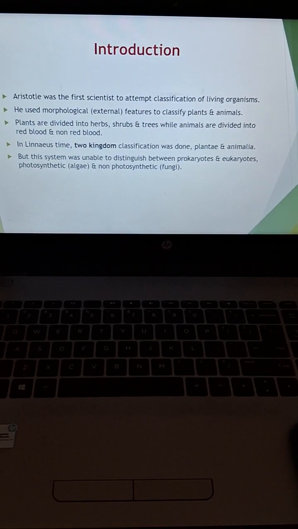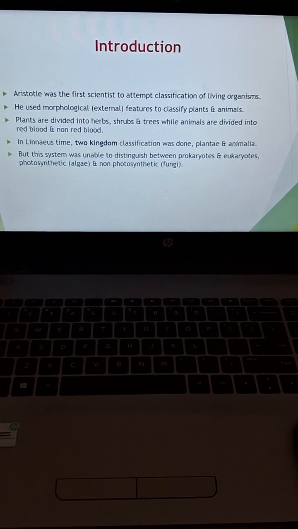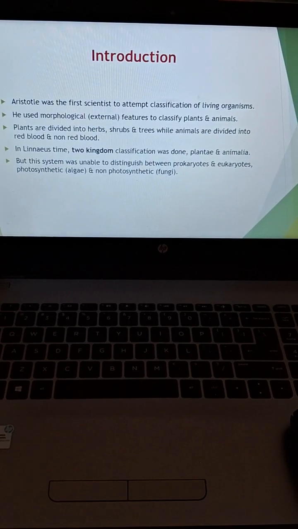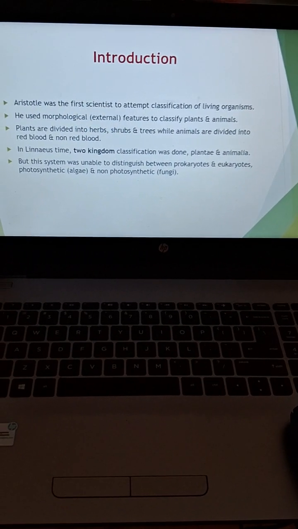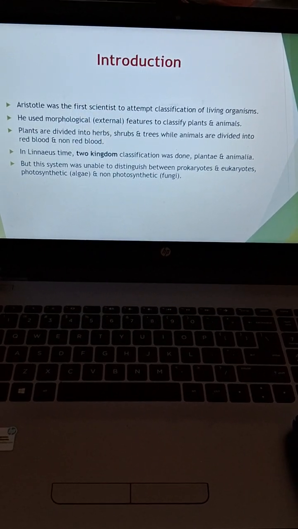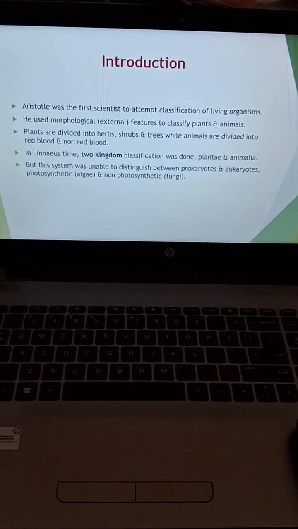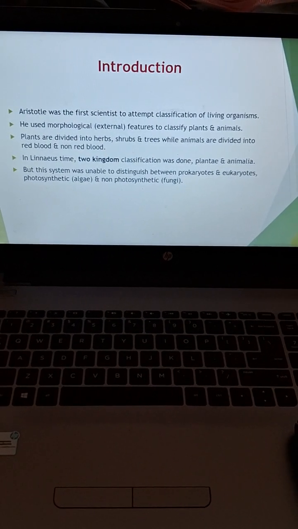And next, eukaryotes. Eukaryotes are the organisms having a true nucleus. True nucleus in the sense they have a genetic material that is present inside the nucleus, and the nucleus has a defined nuclear membrane.